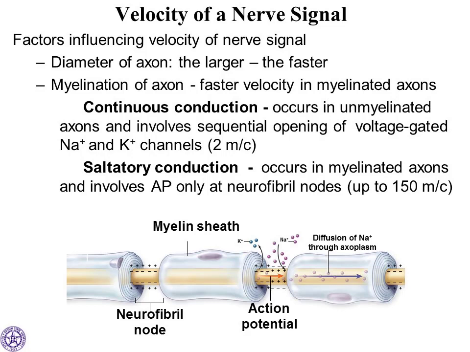And that's just continuous conduction in an unmyelinated axon. Now, what's interesting is the larger the diameter of the axon, the faster the transmission of the signal. Now, I don't understand the physics behind that.